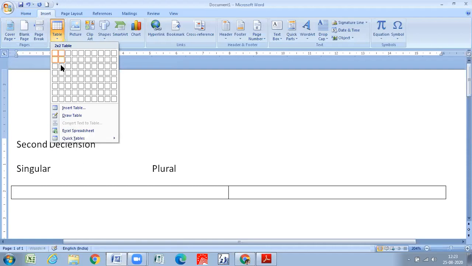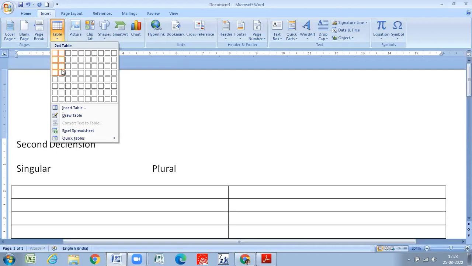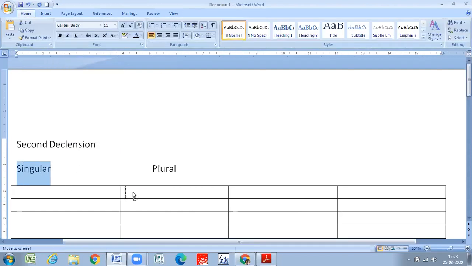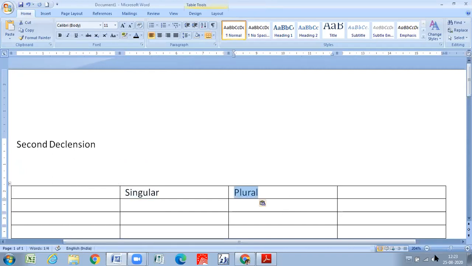Let me put it in a graph so that it will be easy for you. Name of the cases. Let's make it as a graph, then it will be easy for us.